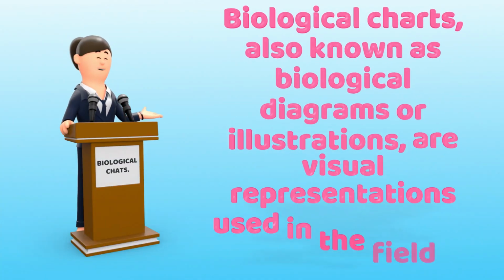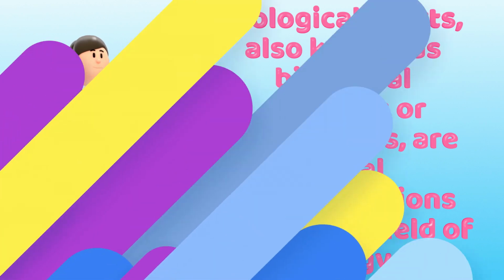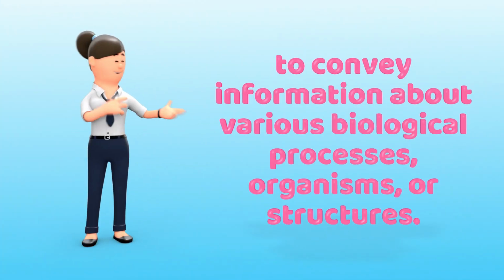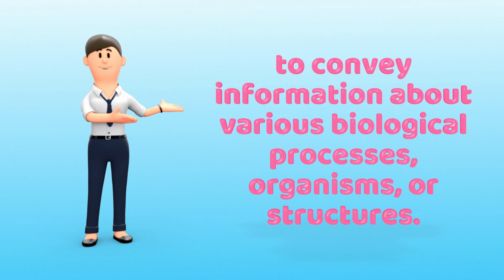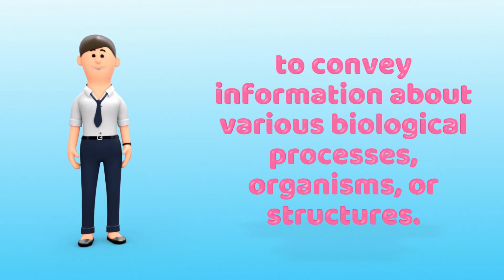Now, let's start with biological charts. Biological charts, also known as biological diagrams or illustrations, are visual representations used in the field of biology to convey information about various biological processes, organisms, or structures.